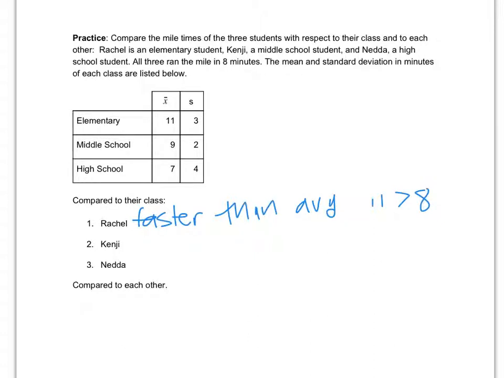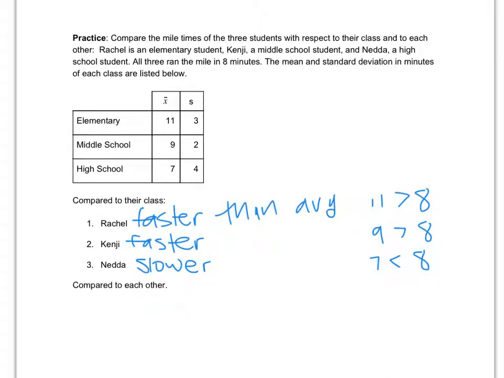Kenji was also faster, because the mean for his class was 9, and that's greater than his time of 8 minutes. Netta, however, ran slower because his time of 8 minutes is greater than that mean of 7. So we can do that just straight from the mile times and the mean.